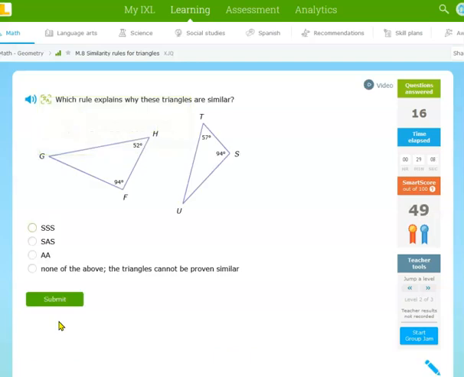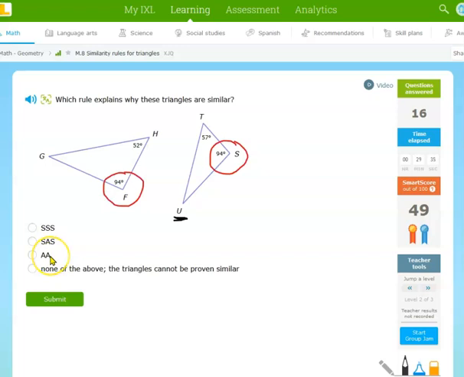Okay. All right, so how about this one? This is interesting. So we've got 94 and 94, 57 and 52. Let's use the triangle angle sum theorem to figure out what U is. Just to see if these are even similar, because they're asking us not if they're similar, but if they are similar, by what rule, right?